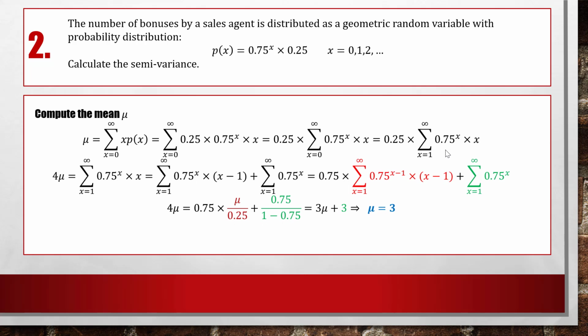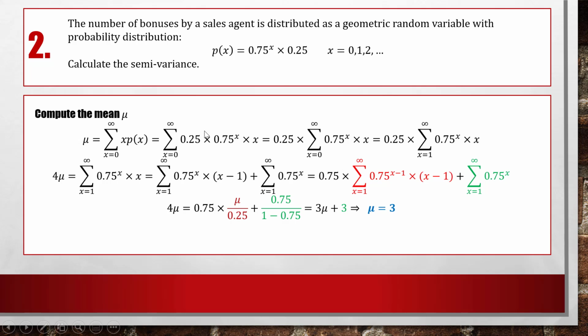Here, by definition, mu is the summation of x times P of x, where x goes from 0 to infinity. And P of x here is 0.75 to the x times 0.25. So we get the second summation here: summation x from 0 to infinity of 0.25 times 0.75 to the x times x.